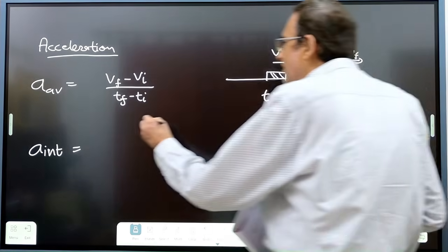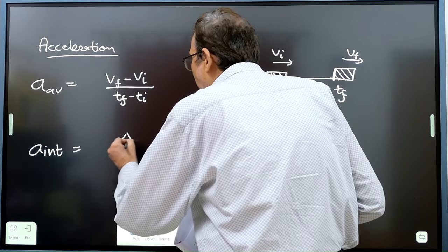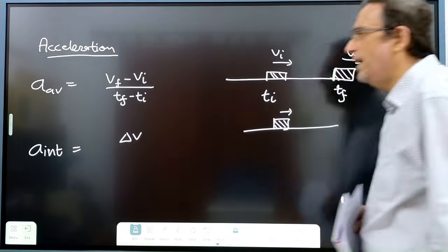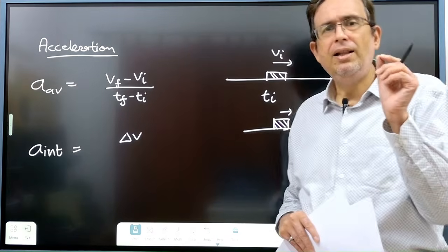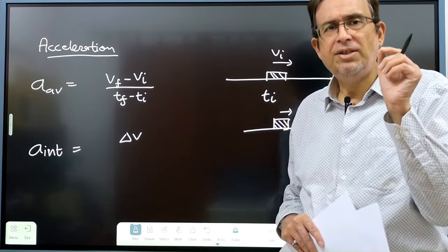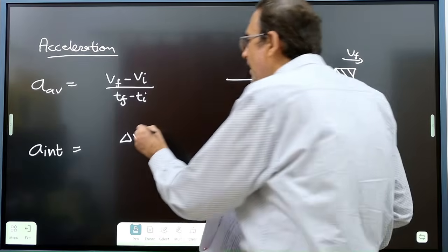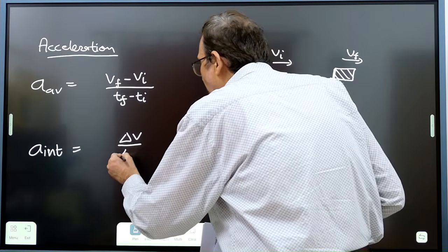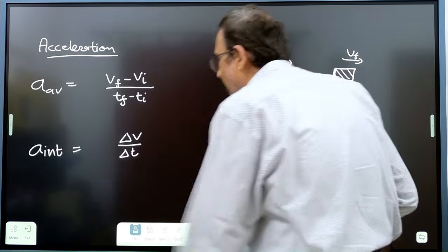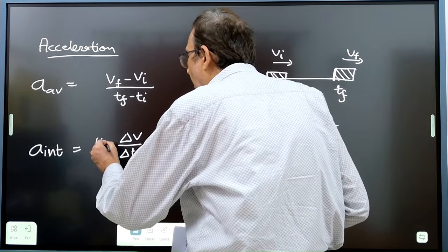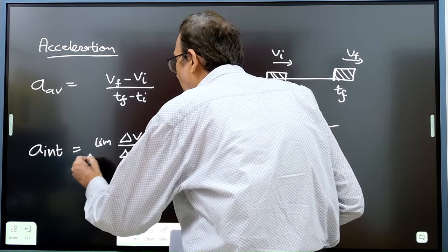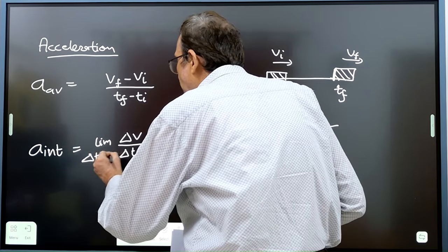Now let us say the change in the velocity, delta v, has taken place for a very short interval, and that interval is delta t. So you divide it by delta t, and then you take the limit that delta t is tending to 0.